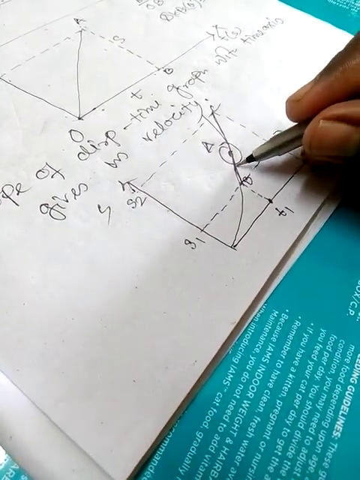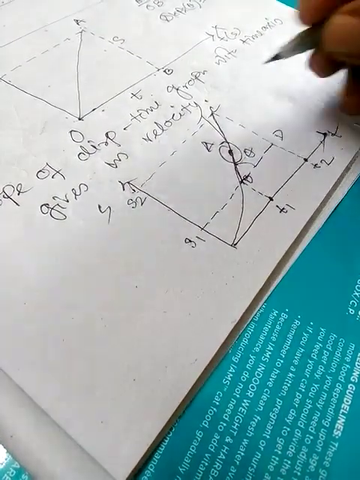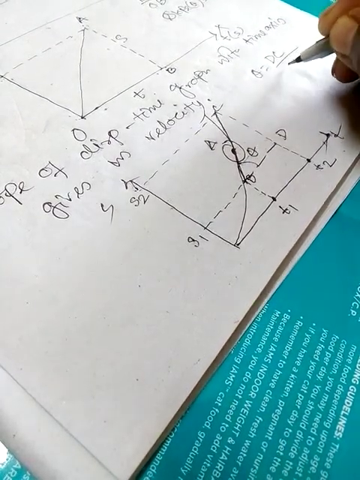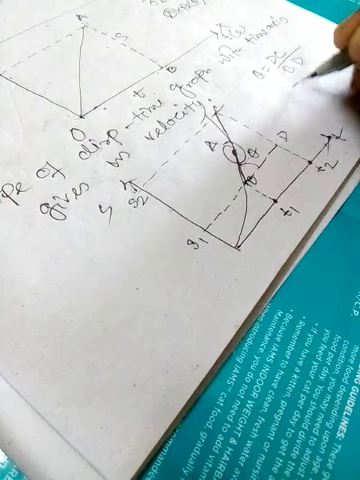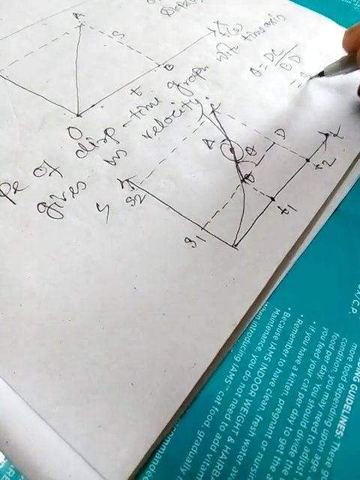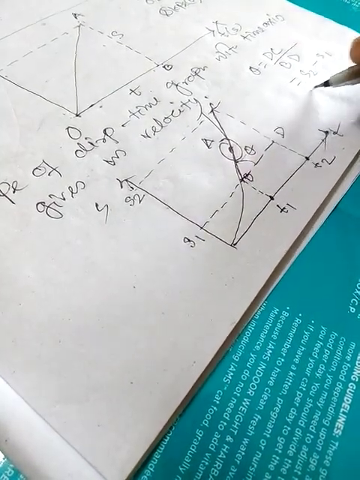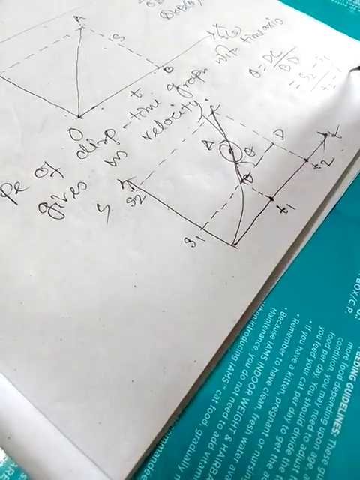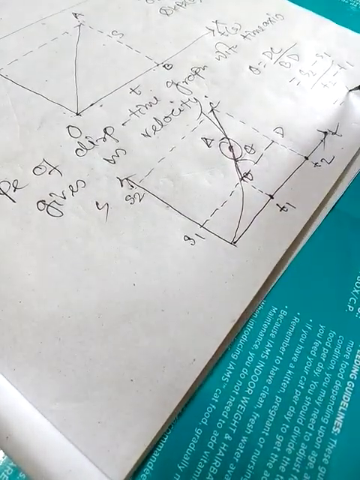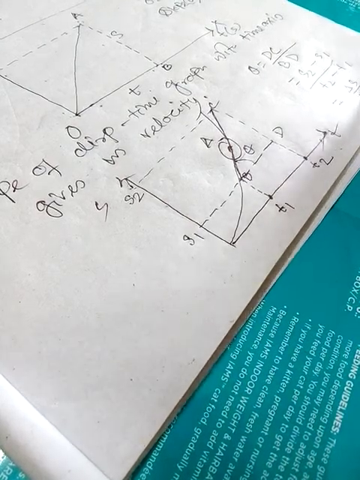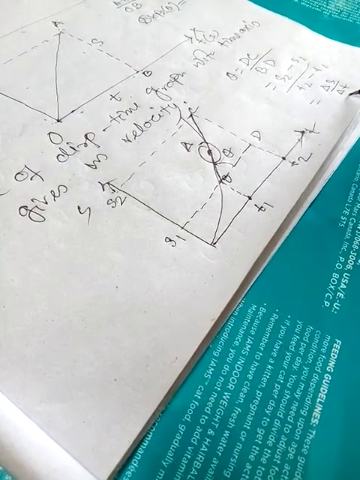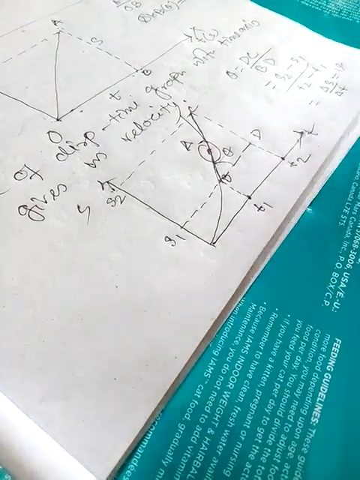Theta means this angle. So theta equals what? Perpendicular DC by base BD. DC equals S2 minus S1. What is BD? That is T2 minus T1, and that gives delta S by delta T. Delta S means change in displacement, delta T means change in time, which is also velocity.